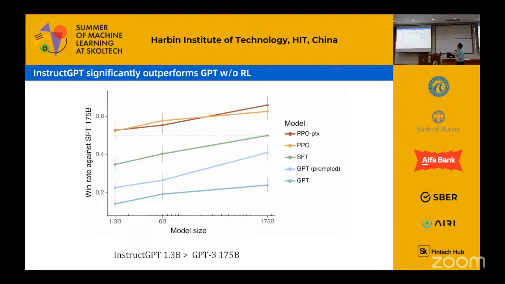That's why this is 0.5. Interestingly, you can see that for the PPO or RL boosted models, even a model with only 1.3 billion parameters, less than 1% of the parameters, can achieve better performance than the GPT-3 model without reinforcement fine-tuning. So this demonstrates the power of reinforcement learning.